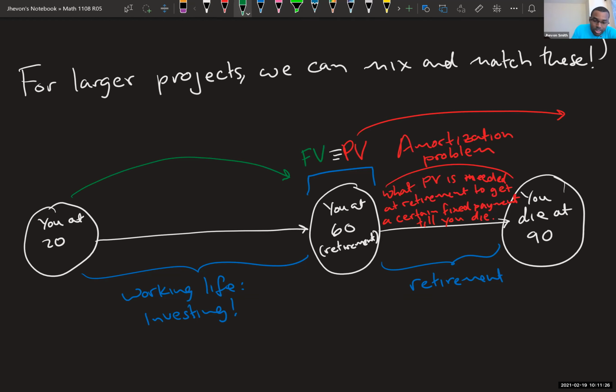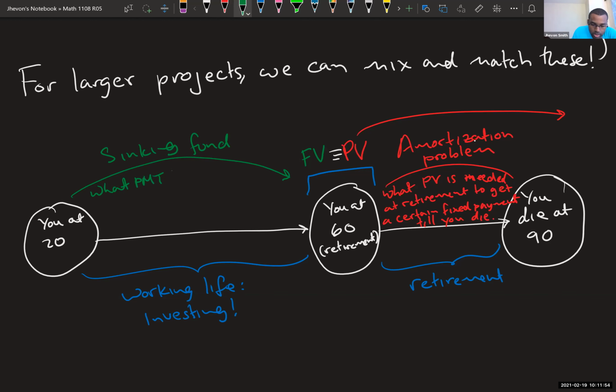So at that leg of your journey, this is a sinking fund problem, right? I know how much money I need to have in retirement to be able to get $3,000 a month. So you have that figure in mind. You know that in the future, when I retire, this is how much money I want. How should I set up my payments to achieve that? That's a sinking fund problem.